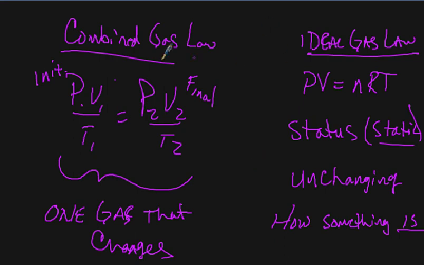The other thing to notice is the ideal gas law uses moles. If you are ever given or asked for the amount of a gas, the mass of a gas or the number of moles of a gas, that's talking about moles, and you will be dealing with the ideal gas law in that situation.